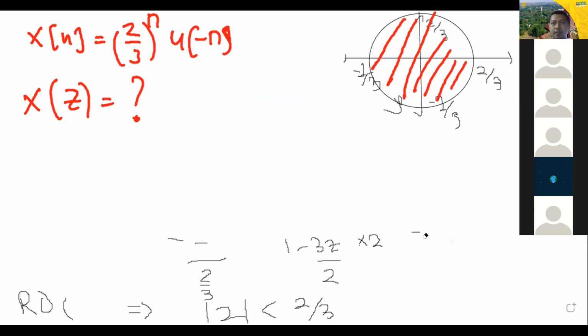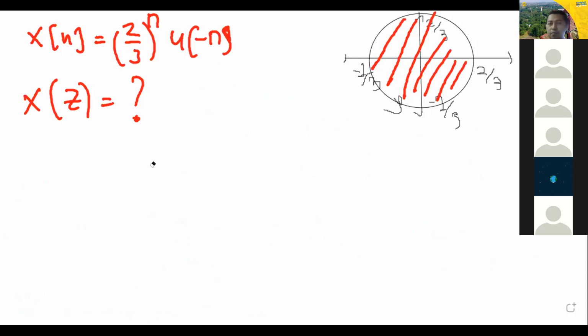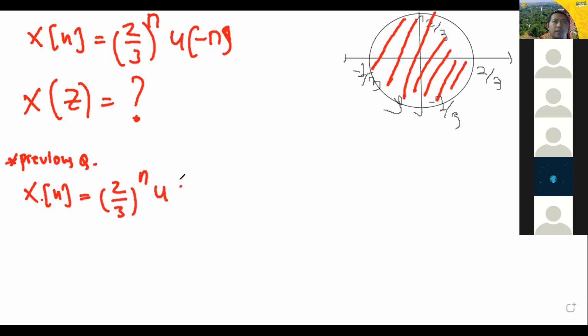I just want to point out, comparing the previous question, the previous xn is equal to 2 by 3 powered by n, but the un is without minus.